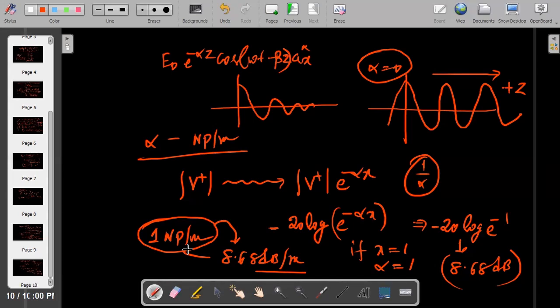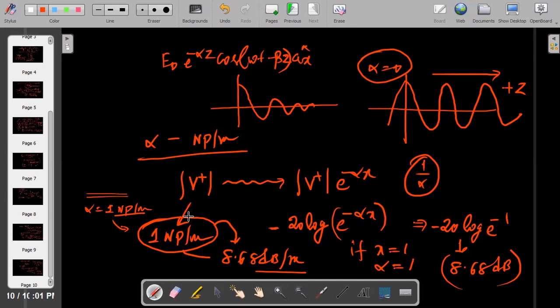Why I'm doing this? Because in some problems, they are giving in dB per meter. Understood? Not in Neper per meter. If the question is coming, alpha is given 1 or 2 Neper per meter, then you do accordingly. But if it is given in dB, this is the relation between dB and alpha. If it is in dB, you need to change in Neper per meter. That is my intention.